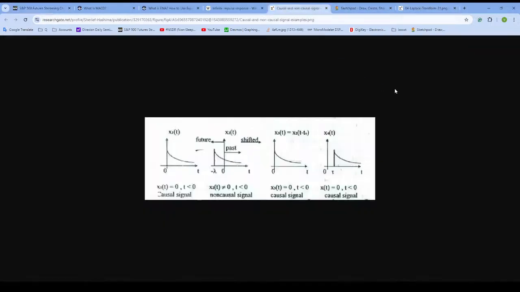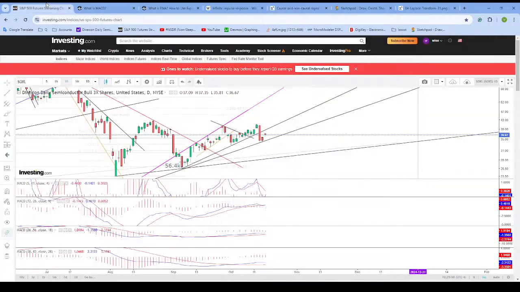The other type of system that we have is anti-causal, where you have information only from the future. Like in the case of our audio tape, at the very beginning of the audio tape, you don't have information from the past. There is no information. You're at the beginning. All the recorded information is considered the future.